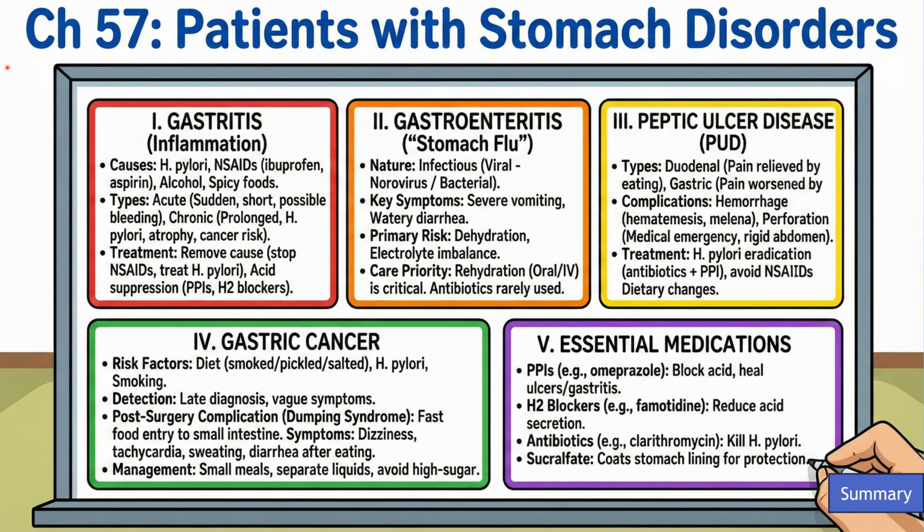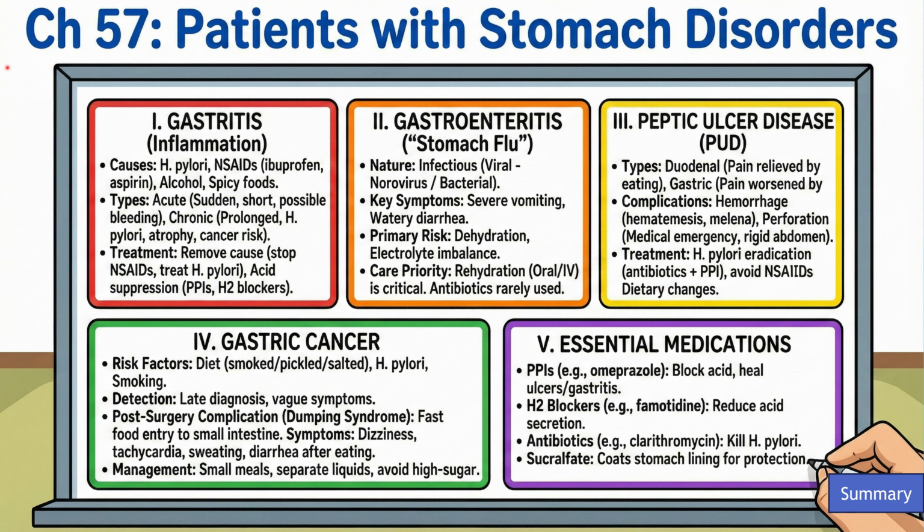Disorders affecting the stomach can significantly impair digestion, absorption, and overall nutritional status. Common disorders include gastritis, gastroenteritis, peptic ulcer disease, and gastric cancer, each with distinct etiologies, clinical features, and management approaches.